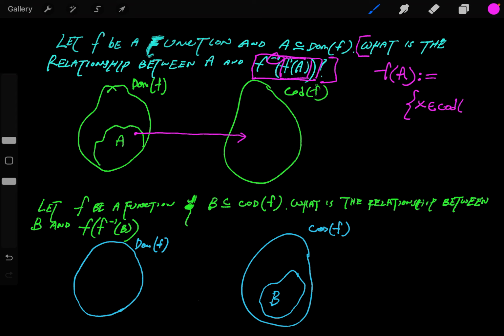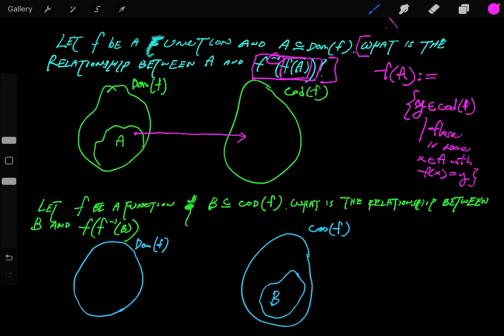It's all the Y, let's say Y in the codomain of F, such that there is some X in A with F of X equal to Y. And that's the definition of the image of A under F.